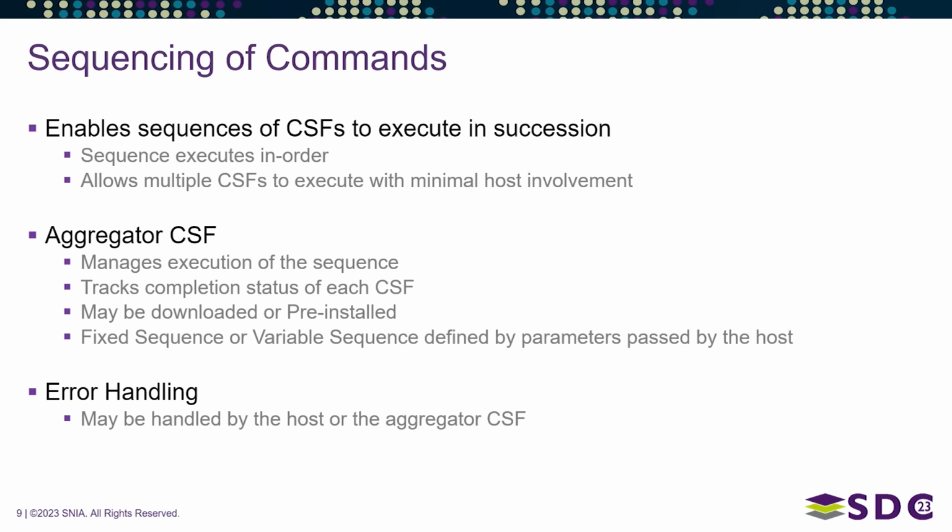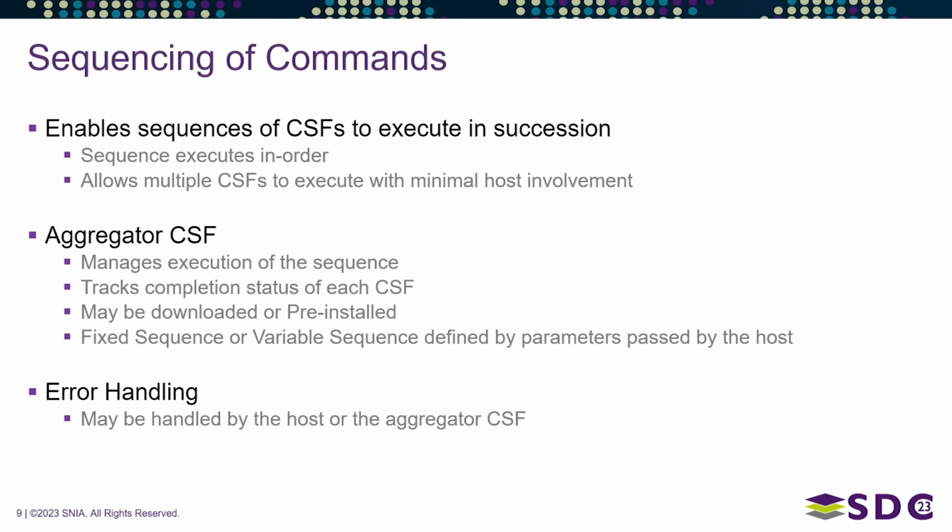So that sequence would execute in order. Essentially you could have these multiple CSFs that would be aggregated together. And so to support that, we defined what's called an aggregator CSF. So it is a CSF, a function just like any other CSF that would be in a drive, but it's intended to manage the aggregation of these other CSFs that would be executing in succession.